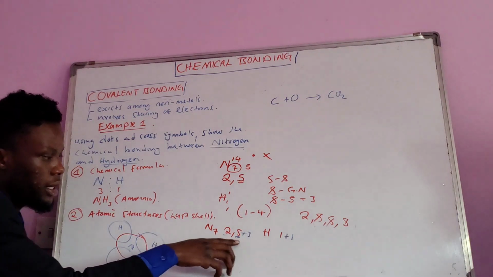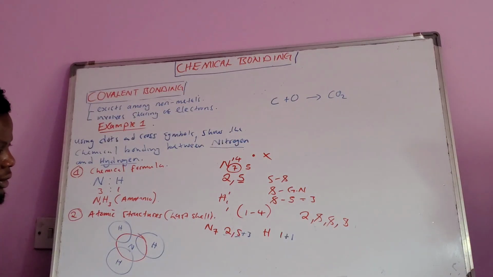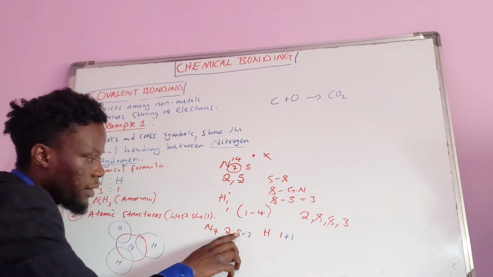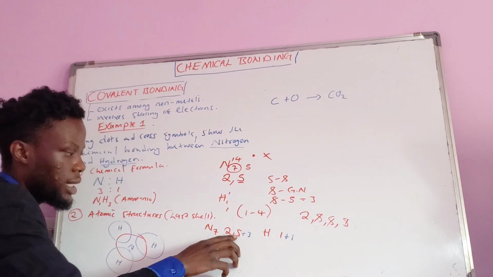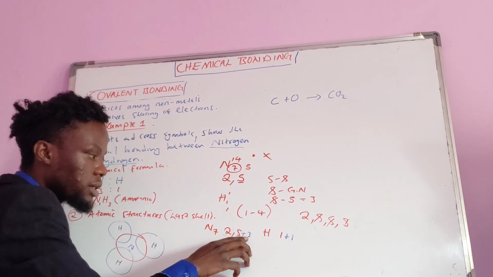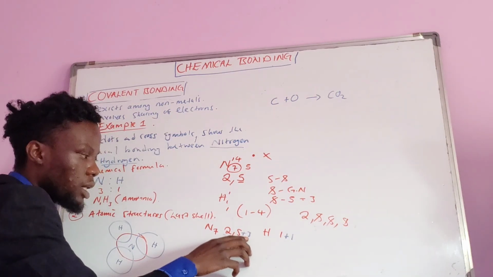Now, this is the thing. After you do this, the next thing we need to do is ask, what are these 3 electrons? Because 5 electrons are for nitrogen in the last shell. Where are these 3 electrons coming from? Hydrogen. Hydrogen is going to donate about 3 electrons.